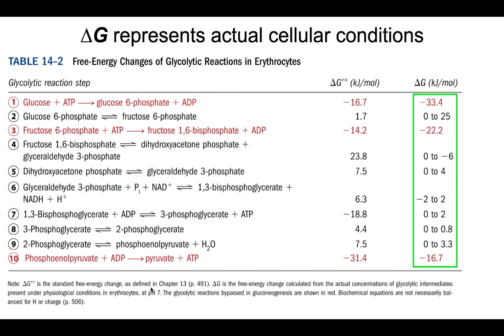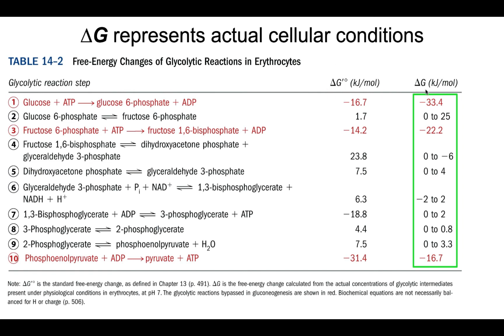But over here, delta G is the free energy change calculated from the actual concentrations of glycolytic intermediates present under physiological conditions in erythrocytes, those are red blood cells, at pH 7. So this is very specific conditions within an actual cell. The concentrations of products and reactants are completely different than what you would see under standard conditions.